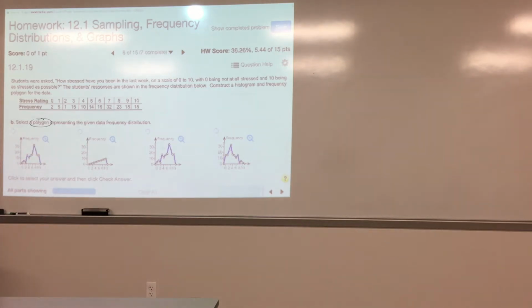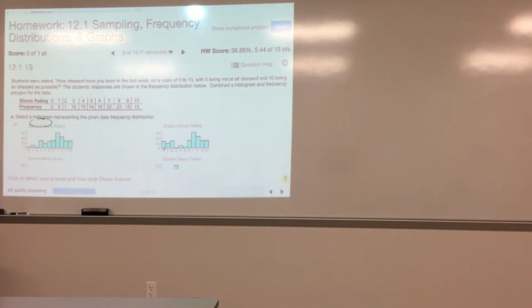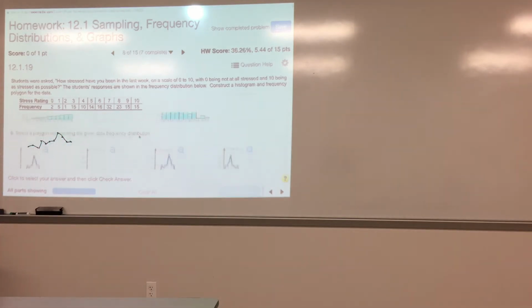So if we come back to our first one with our histogram, if we were to draw a polygon with it, we would just plot the peaks of all of these instead of drawing a bar, and connect them. Does that make sense, guys? So that's the graph that we should be looking for.